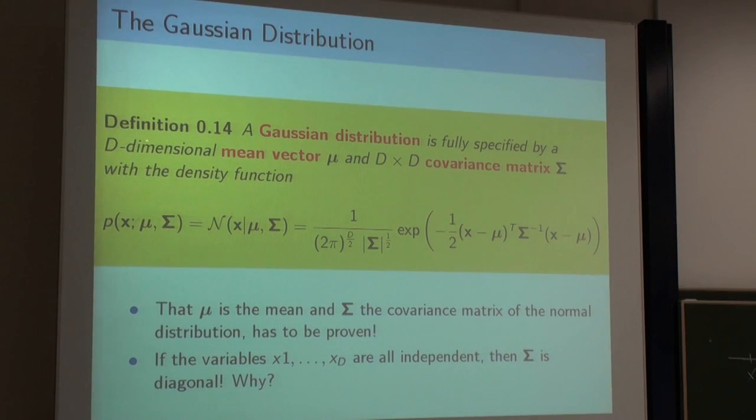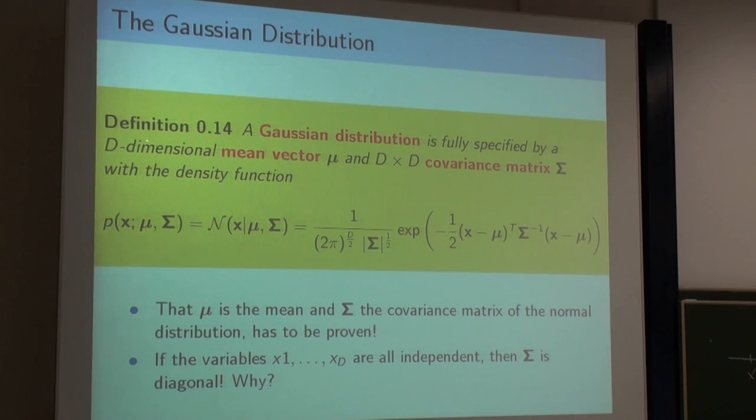Because the covariance of all pairs of variables is 0, but what is not 0? Yeah, the diagonal elements. And what are the diagonal elements of the covariance matrix? They are the variances of the individual variables. So the diagonal elements are the variances of x1 through xd.